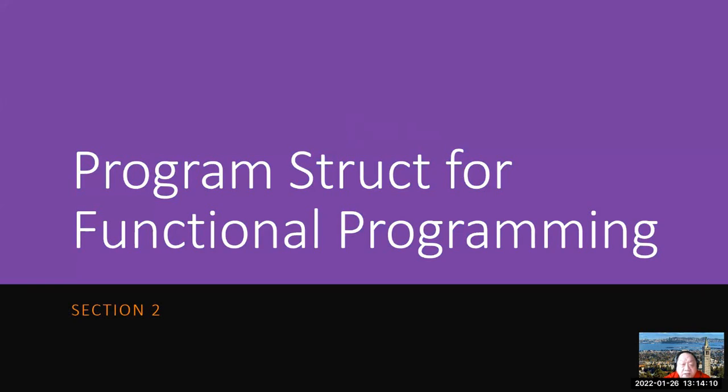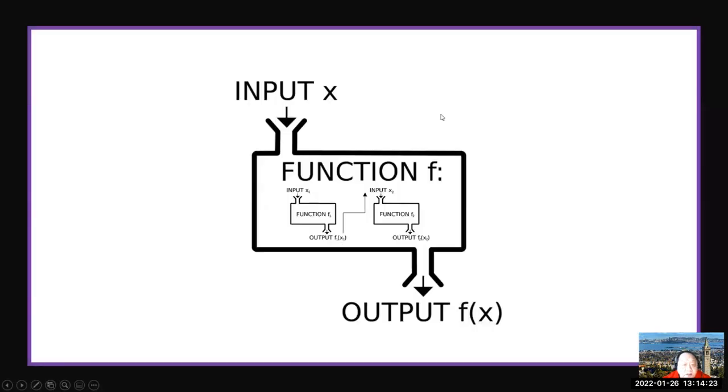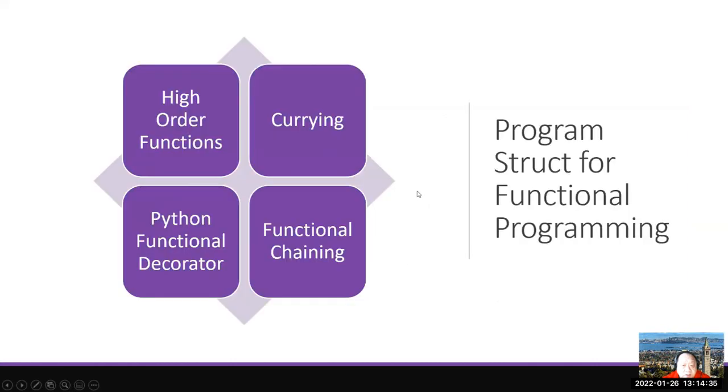Now let's look at, in addition to map, reduce, and filter, what other ways Python has to support functional programming. Functional programming means you have a function, you can input data and output data, or input a function and output a function. We discussed this already.